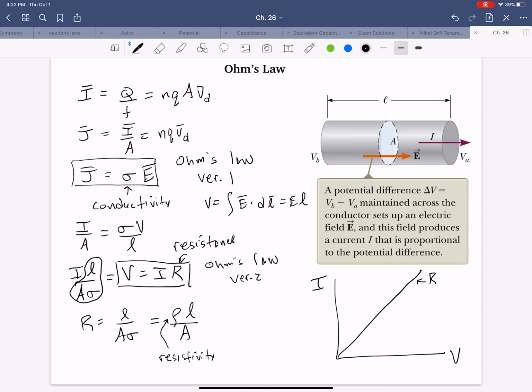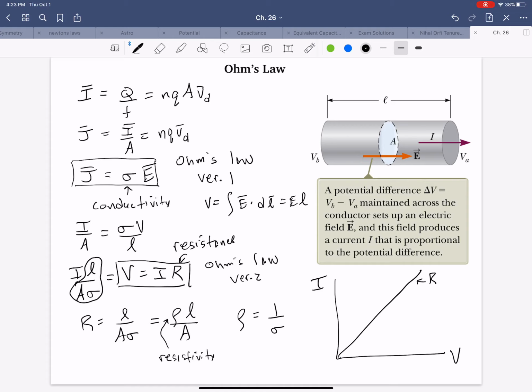Resistivity, rho. Rho and sigma are inversely proportional, which should make sense if you think about it. A material that has a very high value for conductivity, one over a large number, is a very small number. So a material like copper has high conductivity, low resistivity. On the flip side, materials like wood and rubber have very low conductivities, so one over a small value equals a very large value.